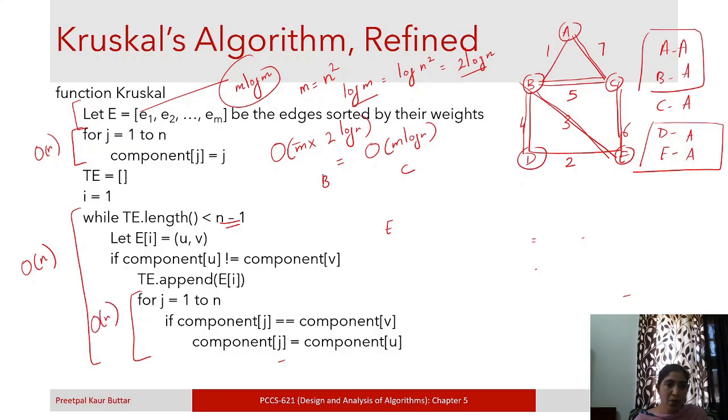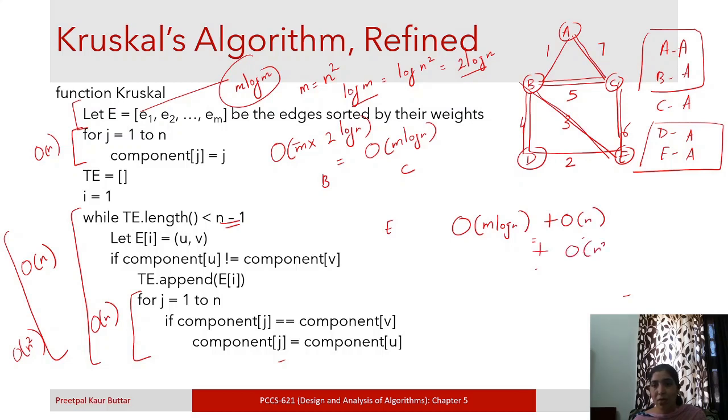Okay, so overall it will be order of n square. So if we try to see, this is m log n plus order of n plus order of n square, which is equal to order of n square, which is the complexity of the Kruskal's algorithm, right? This is the time complexity.